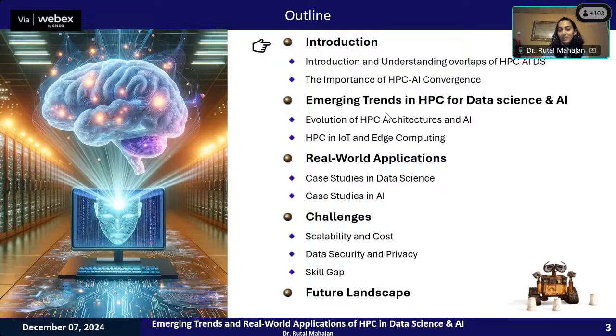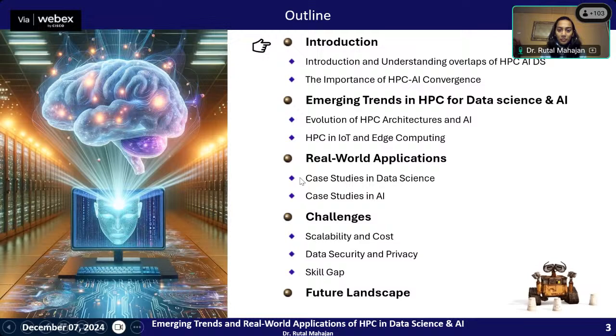I think this is very well covered by the previous speakers, but I'll quickly go through it. Then HPC in IoT and edge computing, as we can experience AI anywhere in our daily life. Related to that, I'll discuss some real-world applications in data science and AI, and the challenges.